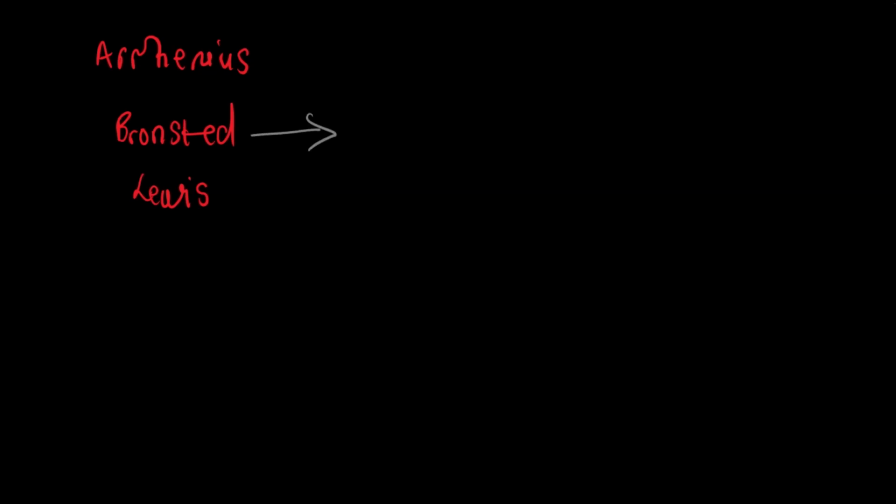Okay, now there are different acid-base theories. We have the Arrhenius acid and base theory, we have the Bronsted-Lowry acid and base theory, and we also have the Lewis acid-base theory. However, for this video, we'll be considering the Bronsted-Lowry's theory of acid and base.